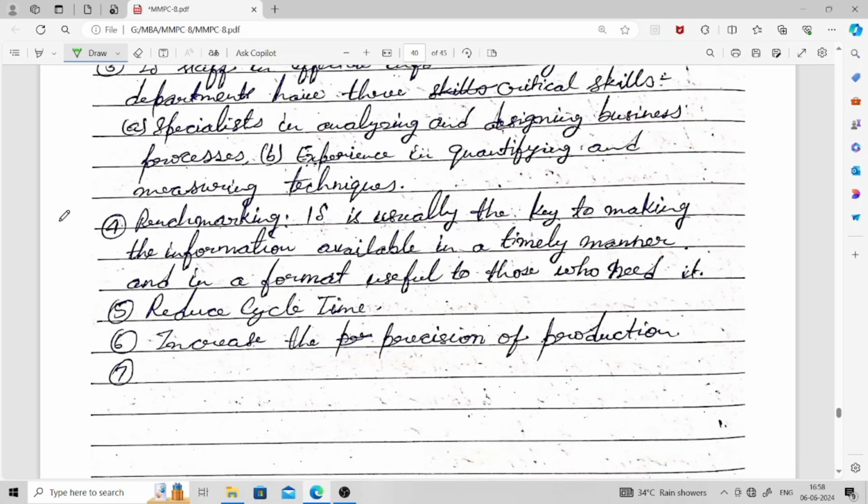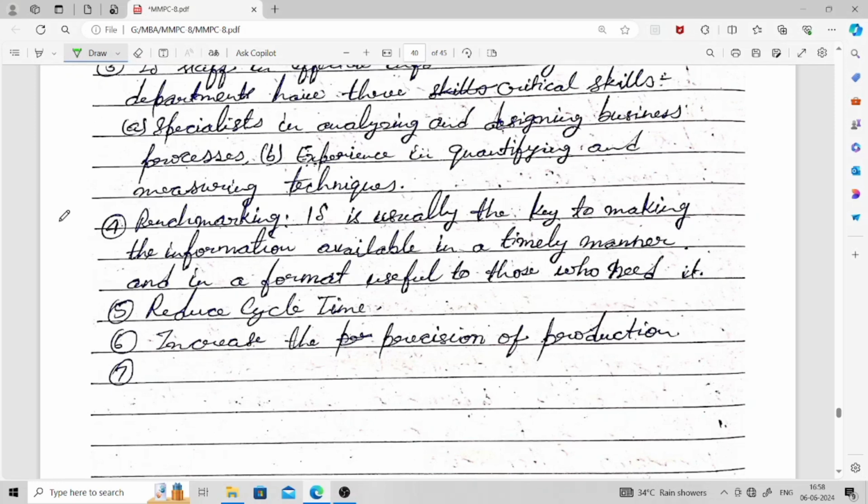Next, benchmarking. Information system is usually the key to making information available in a timely manner and in a format useful to those who need it. So that's why benchmarking is the key, and we should use it.